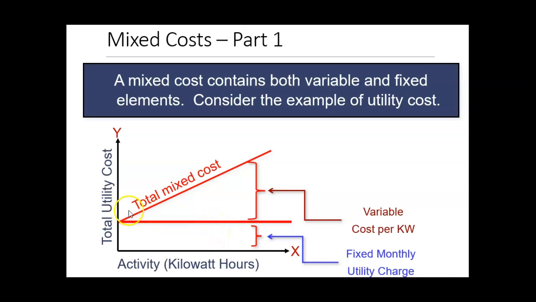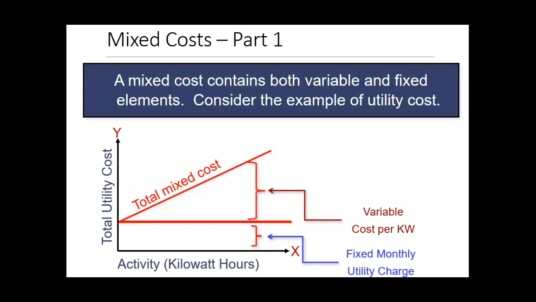Okay? Now, based upon how often you turn the lights on, run your air conditioning unit, turn on the TV, etc., there's going to be a cost per kilowatt. And the more kilowatts you use, the higher your cost is going to be. So you're going to have a fixed component of your utility bill as well as a variable component.